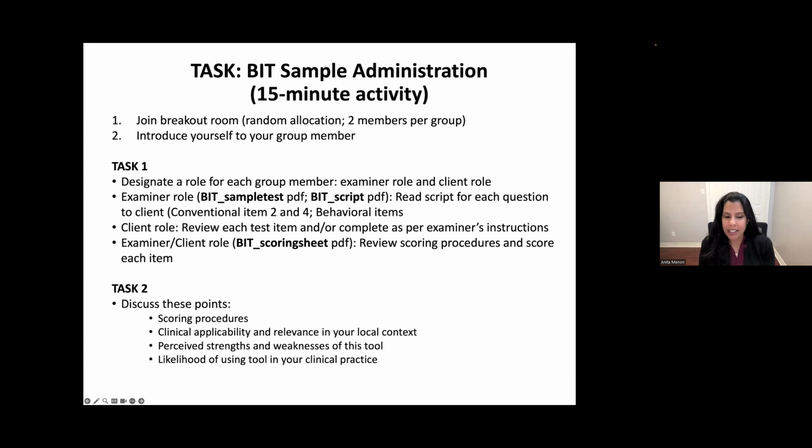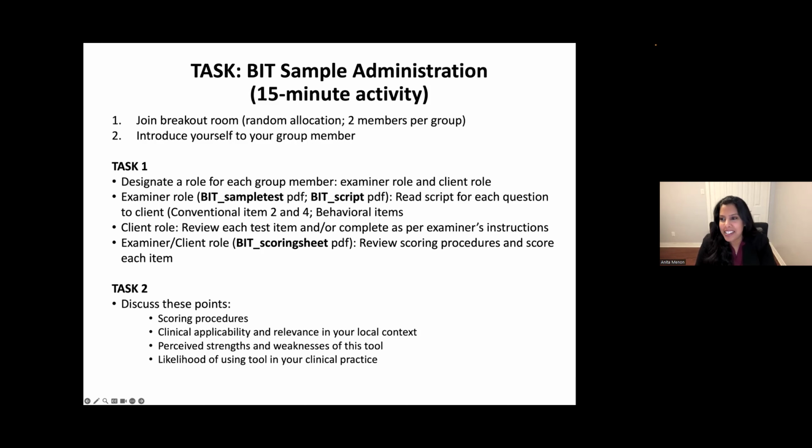And so now I want to open up the floor and hear from those who've already used the BIT or who are thinking to use the BIT, to discuss your thoughts about its clinical applicability, how relevant it is in your local context, your thoughts about the scoring, any strengths or weaknesses, and for those who are not using the tool, whether you would be likely to use this tool in clinical practice.